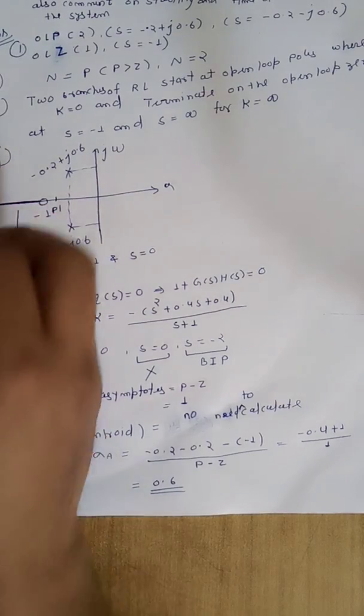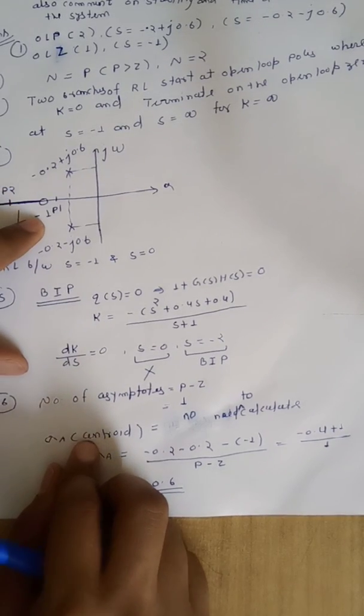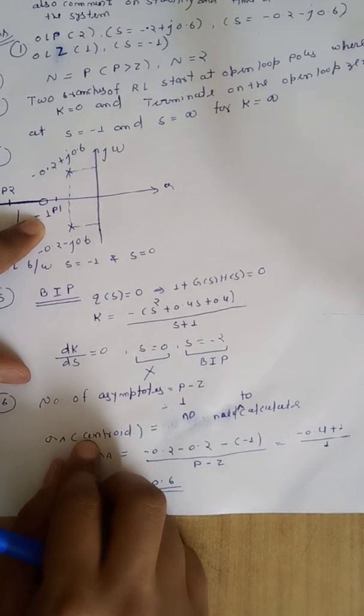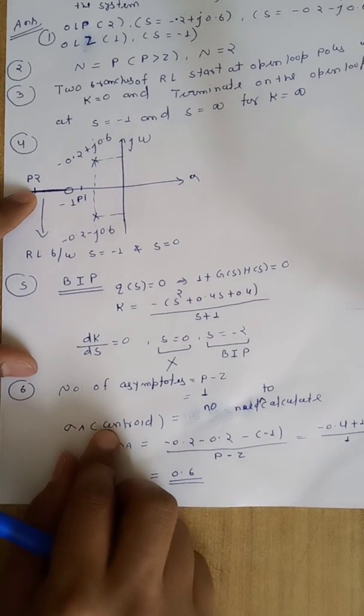Now consider point P2 beyond s equal to minus 1. If we calculate the total number of poles and zeros to the right of point P2, we have 3 poles and zeros to the right of point P2. So we can say it is an odd number. So P2 will lie on the root locus on the real axis.